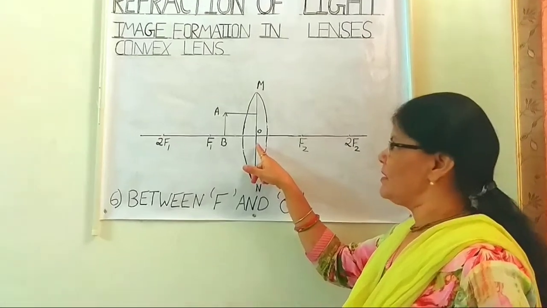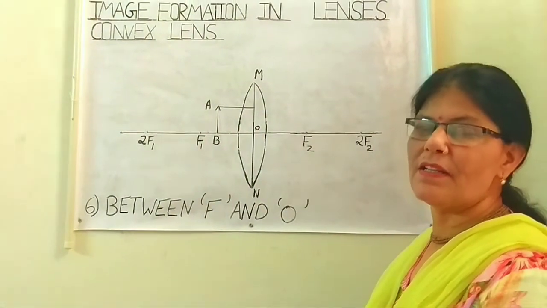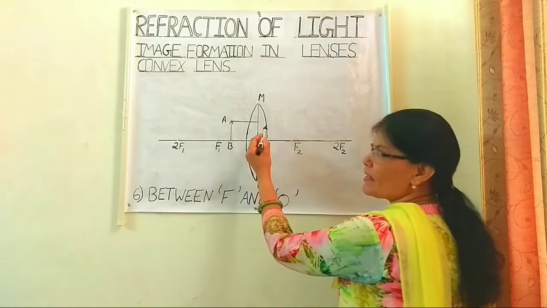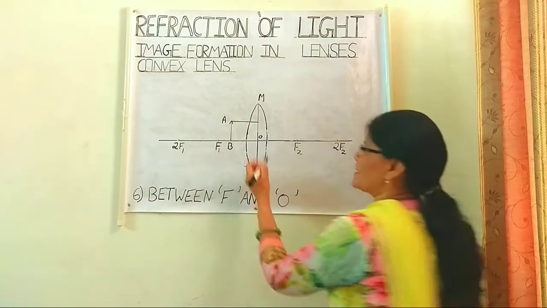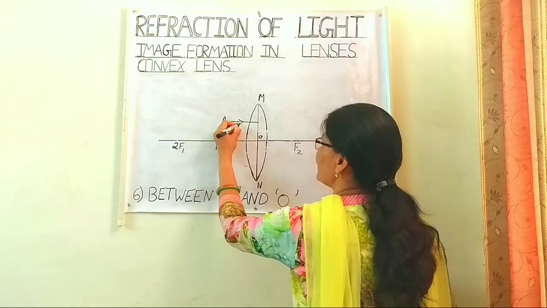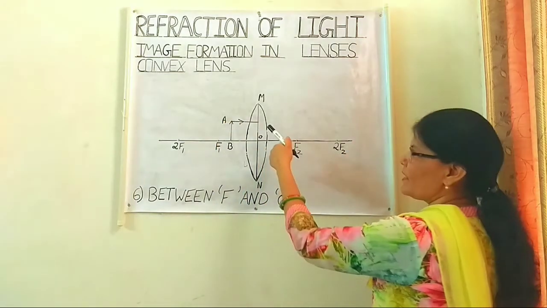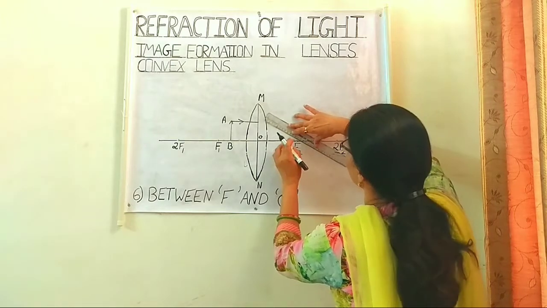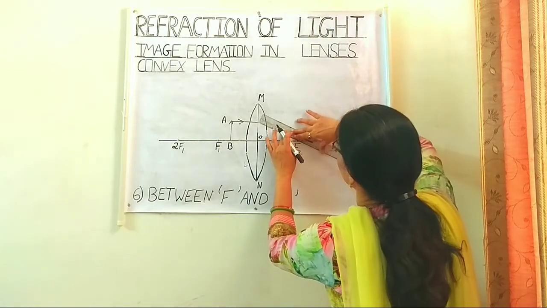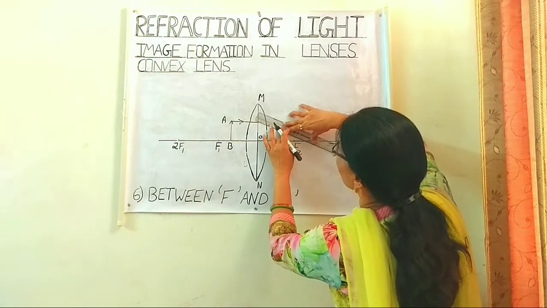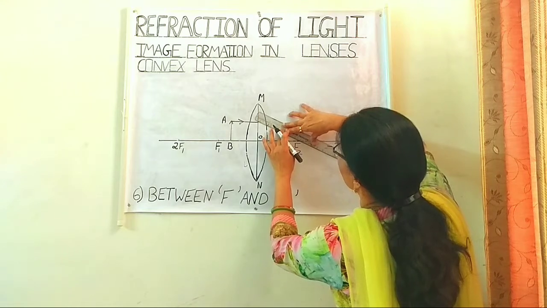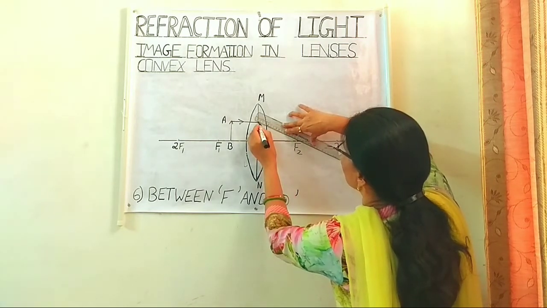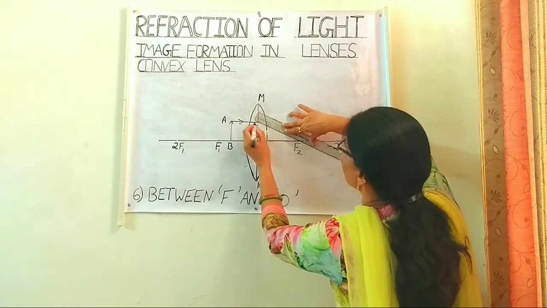So this is the object, and the first rule is the same: when an incident ray comes parallel to the principal axis, so let us put an arrow like this, this incident ray will pass through the principal focus after refraction.